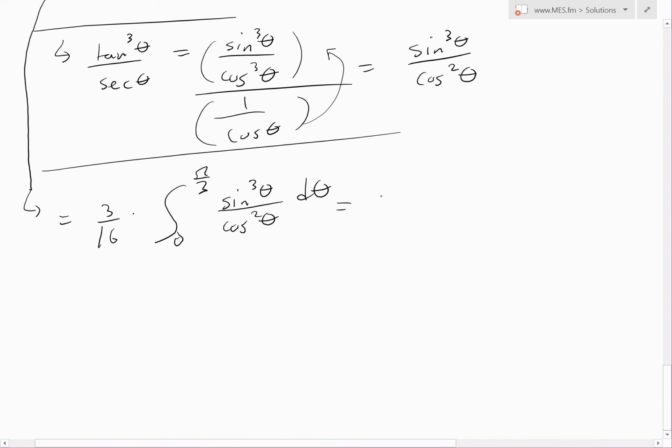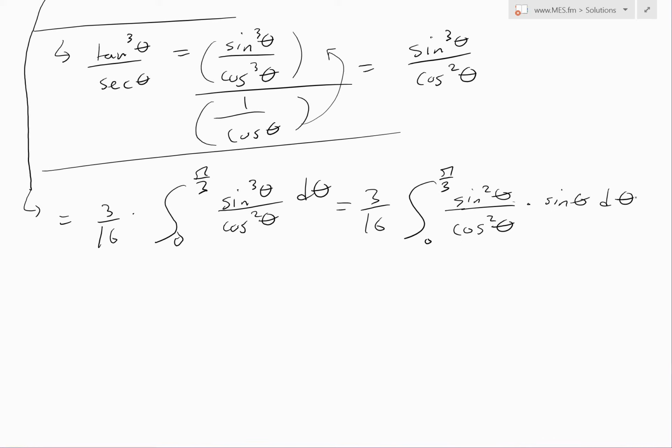If we write this sine cubed such that we get rid of this cube, then we also get a sine squared, and we'll use a trig identity to make it a cosine squared. So if we write this as the integral from 0 to pi over 3, now this will be equal to sine squared theta over cosine squared theta, and now we have a sine right here.